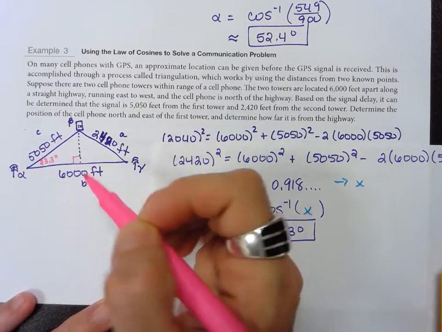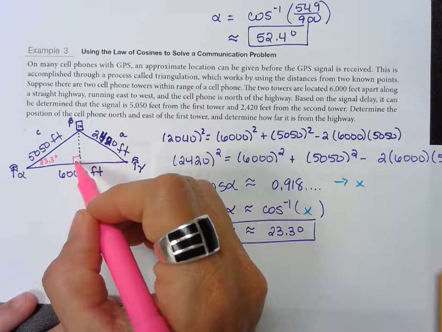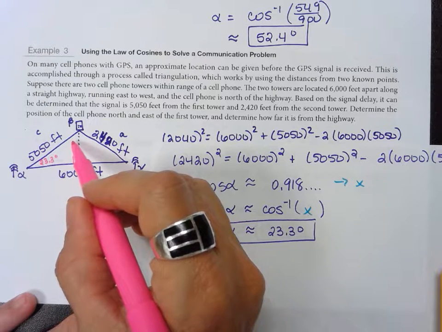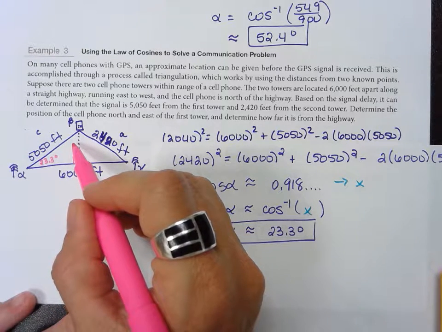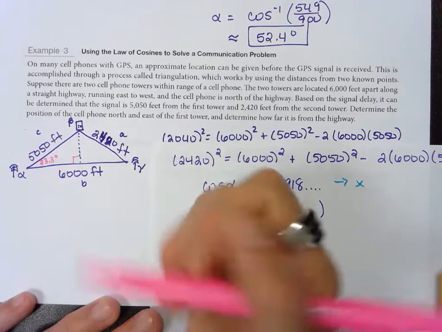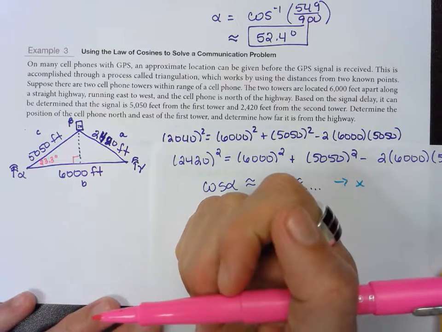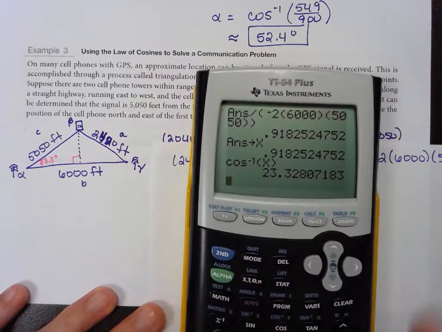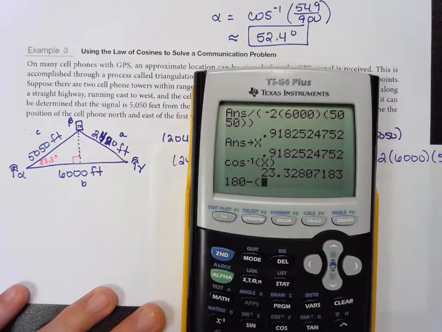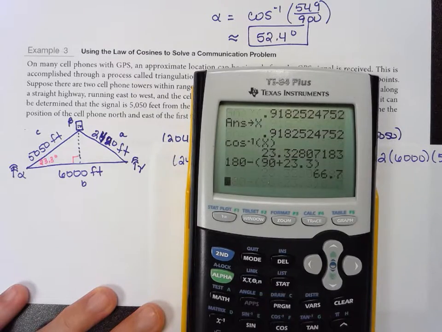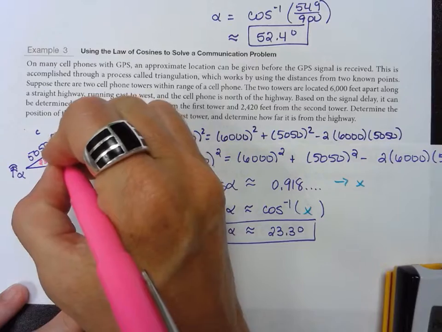This is a right angle. We know that's 90, so can't we figure out this angle? And do we even need to know this angle? Well, let's get it just in case we do. So 180 degrees minus 90 plus 23.3 would give us 66.7 degrees.